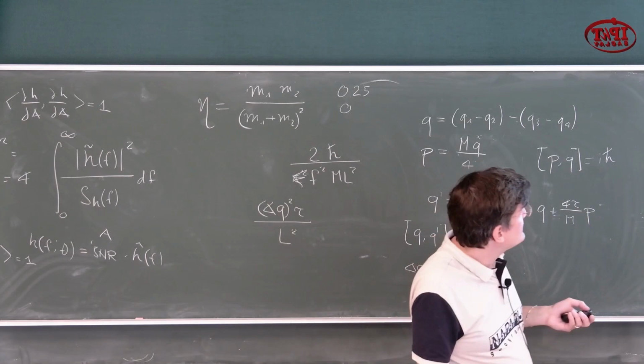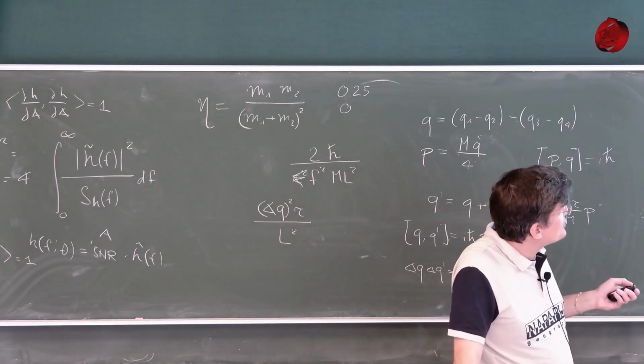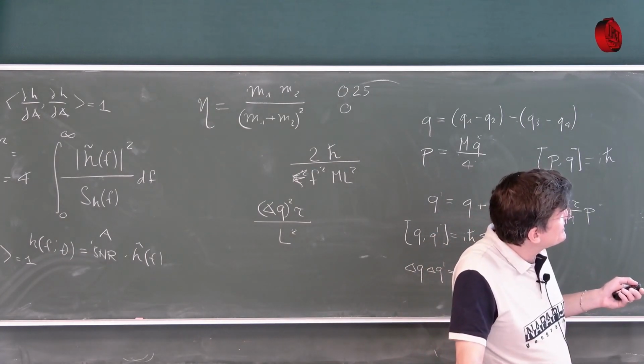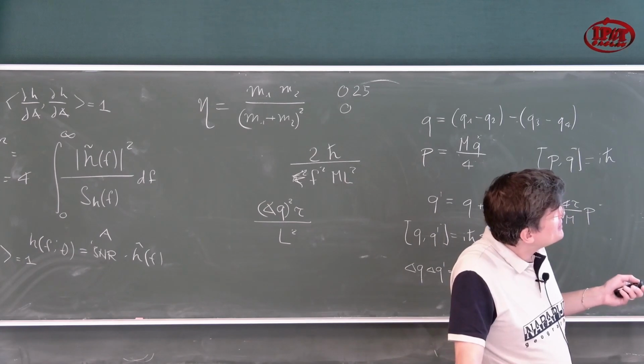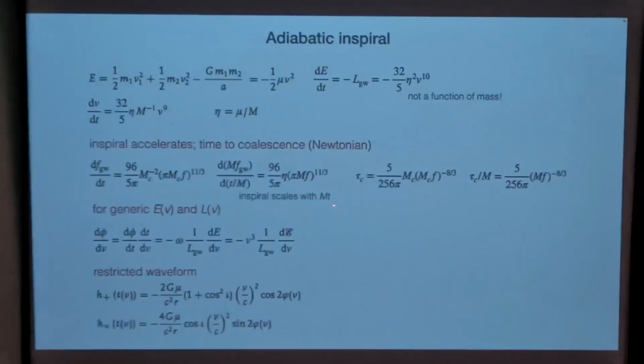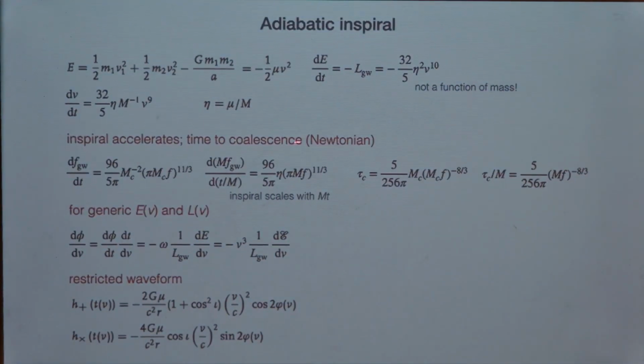So if you bring out the masses that way, you can show that everything scales. If in geometrized units you express time and frequency in units of the mass, then this evolution is universal. Basically, it depends only on this mass ratio.